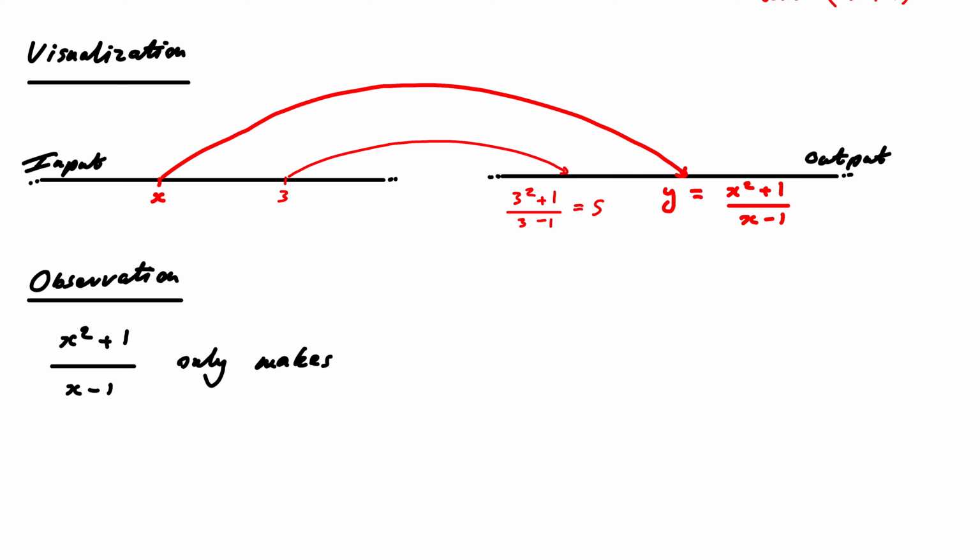You might be dividing by 0 in this case. So this expression only makes sense for x not equal to 1. And this is exactly because we cannot divide by 0.